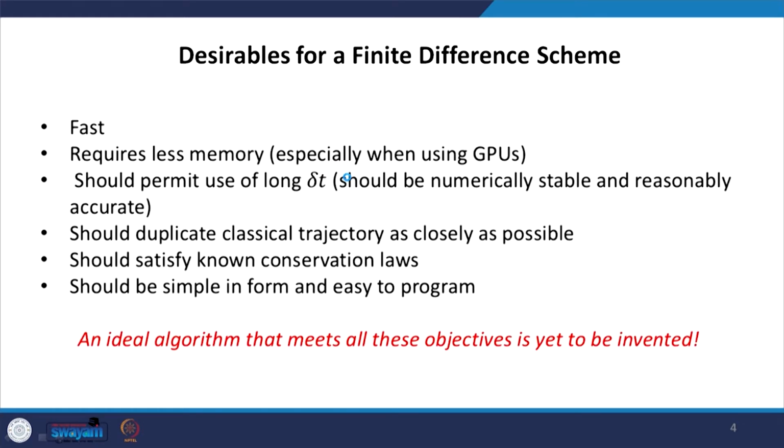And what is desired from the scheme, I have already said it has to be robust, but more importantly it has to be fast. It should require less memory. That is typically not a consideration in most CPU machines, but nowadays it has become possible or feasible to do computation using GPUs, which are a much cheaper alternative to CPUs, but there is more memory limitation.